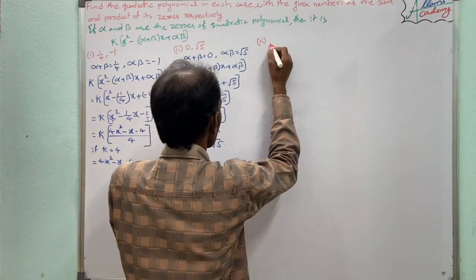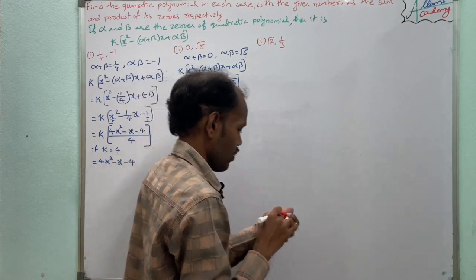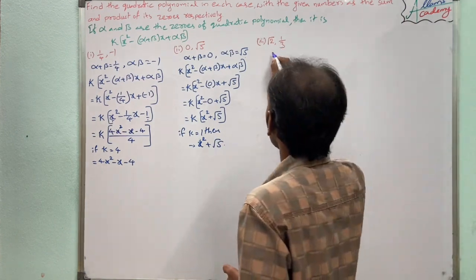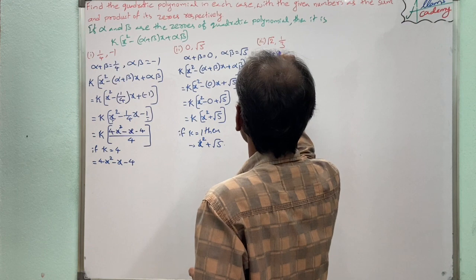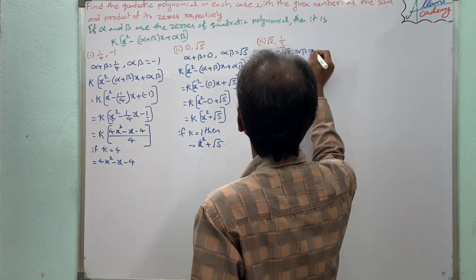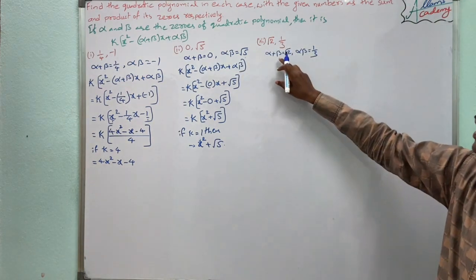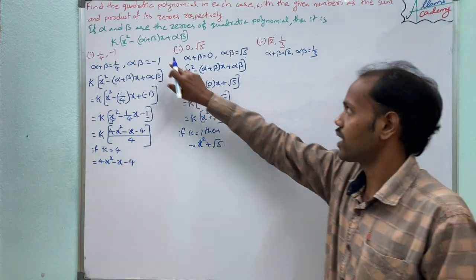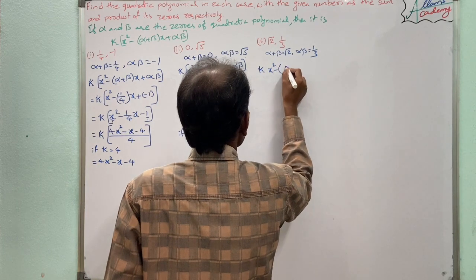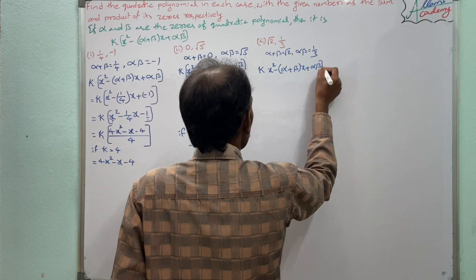So the sum of the zeros and the product of the zeros are root 2 and 1 by 3. So here the sum of the zeros alpha plus beta equal to root 2 and the product of the zeros alpha beta equal to 1 by 3. Then alpha beta are the zeros, the quadratic polynomial is k into x square minus of alpha plus beta into x plus alpha beta.